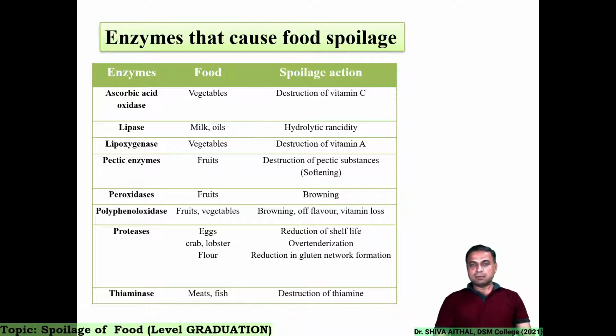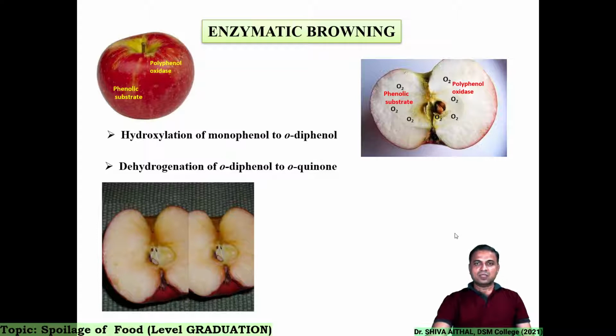Thiaminase is an enzyme responsible for oxidation or destruction of thiamine, a very important vitamin which is a component of meats and fish. Now enzymatic browning, one chemical change which takes place automatically.